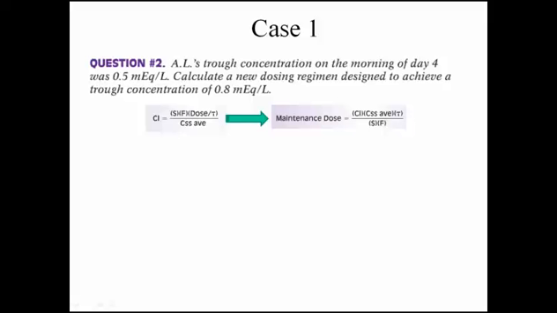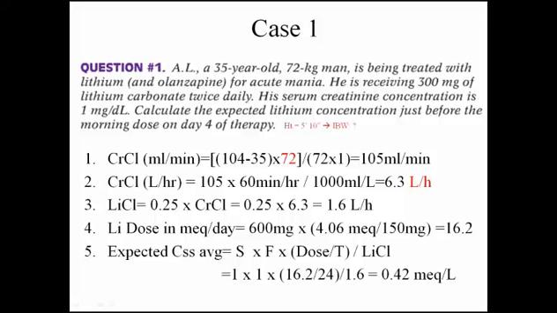So that's not the 0.4 that we expected. And this tells me that the patient is not clearing the drug as fast as we thought. This also indicates that the lithium clearance is not 1.6. It's probably lower than that, less than 1.6 liters per hour.